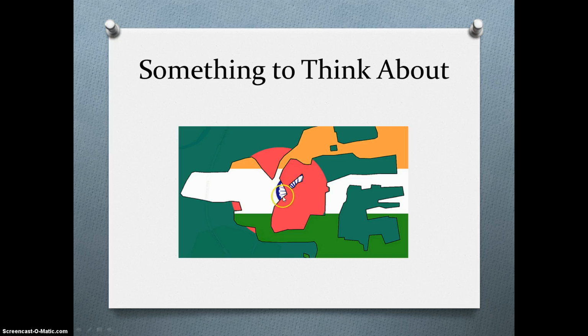Think about how hard it is to get infrastructure to these areas. You'd have to go through Bangladesh, and then you have to go through Bangladesh again. Or think about if you're a commuter, you have to cross international boundaries twice to go to your workplace over here. So you can see all the problems that this would cause, the feeling of disconnectedness it could cause amongst the countries and amongst the people living in these enclaves.